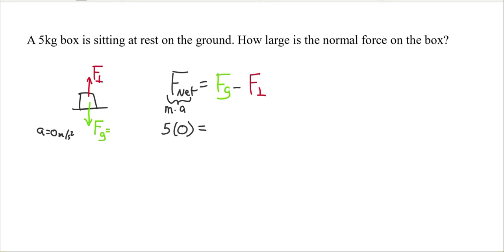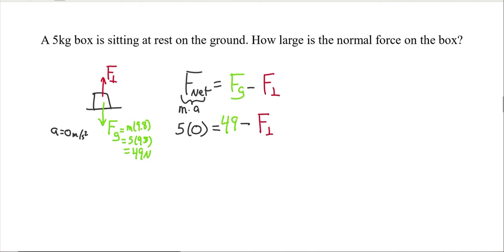It's going to be the mass times 9.8, at least while you're on Earth. So this will be the mass of 5 times 9.8, and 5 times 9.8 is 49 newtons. So, 49 minus normal force here.